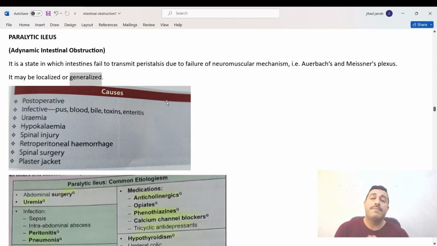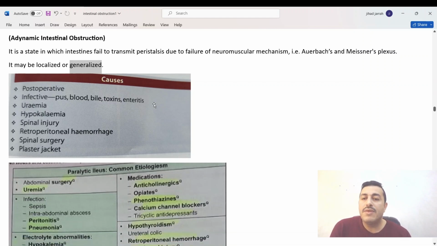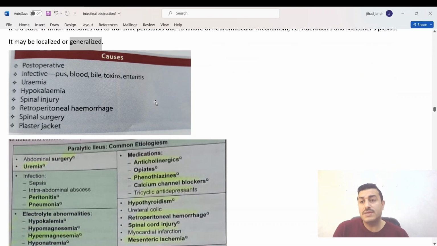In the literature it is not mentioned, but there is an entity called prolonged ileus, which may persist more than 2 weeks, and it's very challenging to deal with. Okay, the causes, different causes. Post-operative ileus, as you know, and many of you practice surgery and know how difficult it is to deal with post-operative paralytic ileus, especially if it's prolonged.